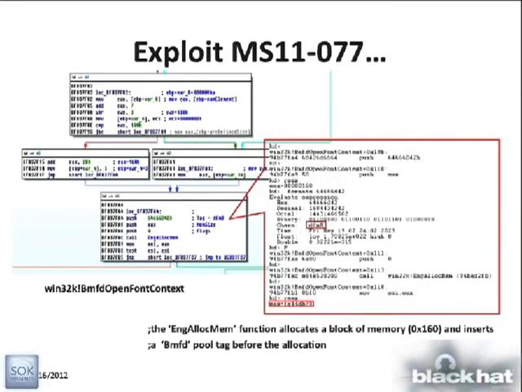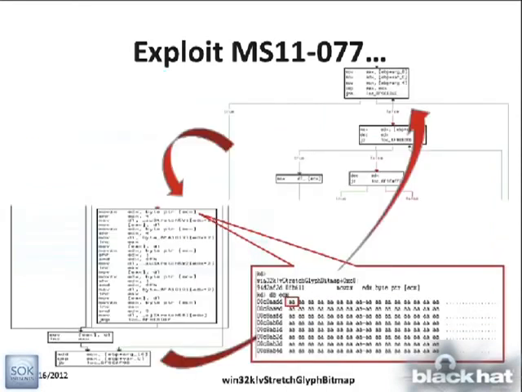The function allocates a block of memory of size 160 bytes and inserts a BMFD pool tag before the allocation. And this slide shows the font data that will be processed within the vStretchGlyphBitmap function.